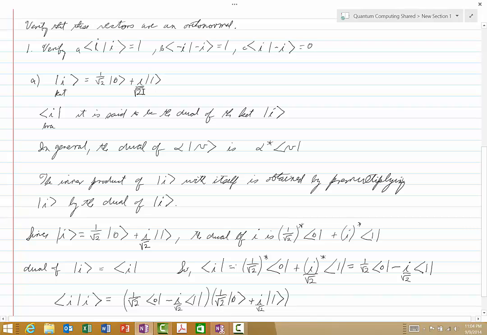So I wrote that down incorrectly initially. Make sure that you get that. As you will see, now with that factor included, we will have all the correct results. Otherwise, we would not have had the correct result for the inner product of I with itself. So make sure you get this.